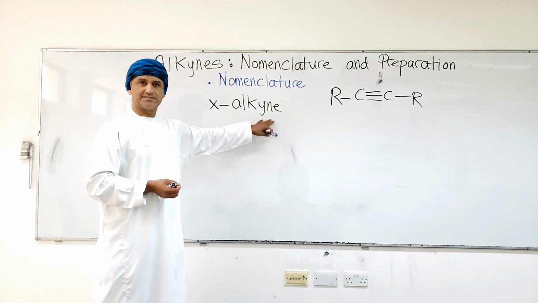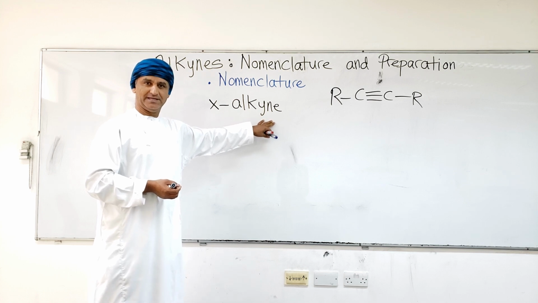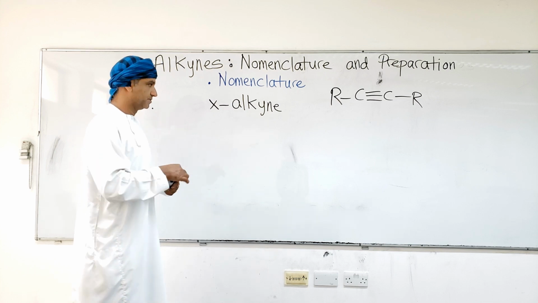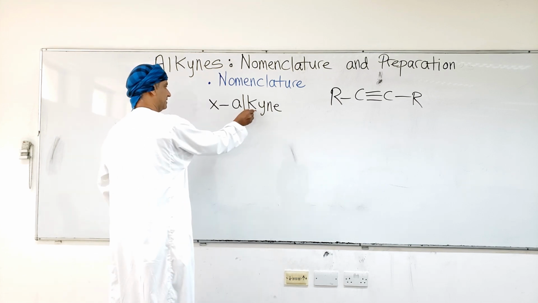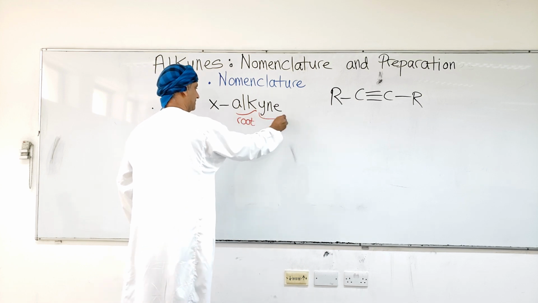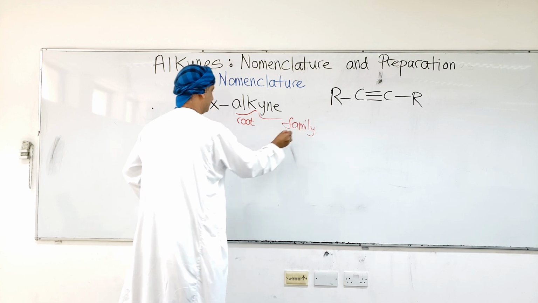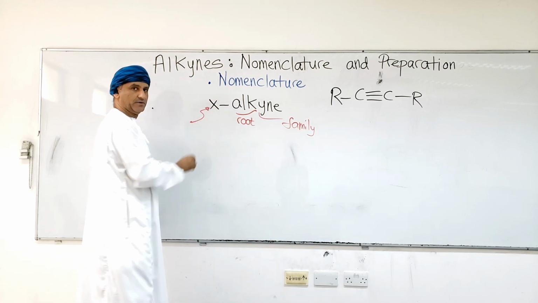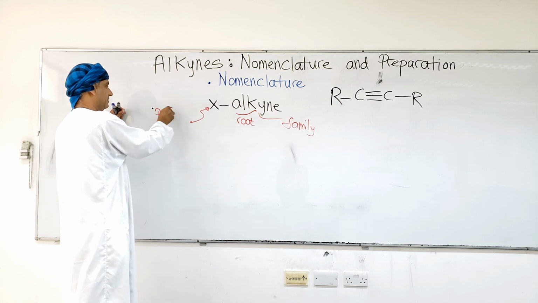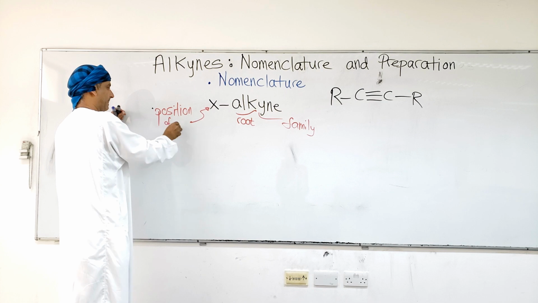Ine reflects the functional group, or the family in this case, which is the alkyne family. So this part is the root, and this part is the family. This X, or this number, reflects the position of the carbon-carbon triple bond.